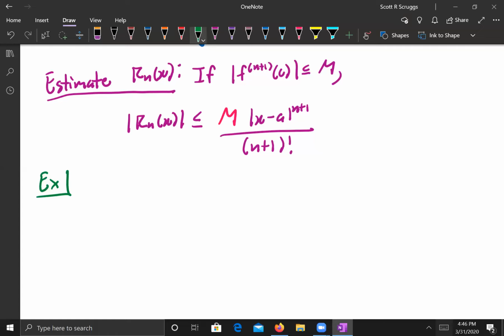So let's say our function is sine of x, and I approximate it with the third order Taylor polynomial. I'm going to go ahead and write out the third order Taylor polynomial.